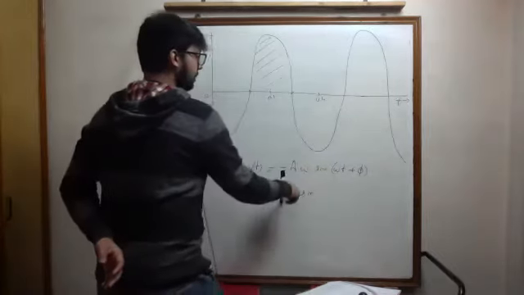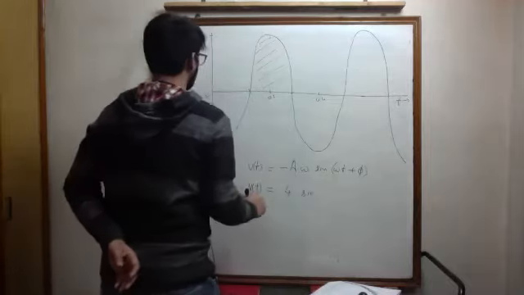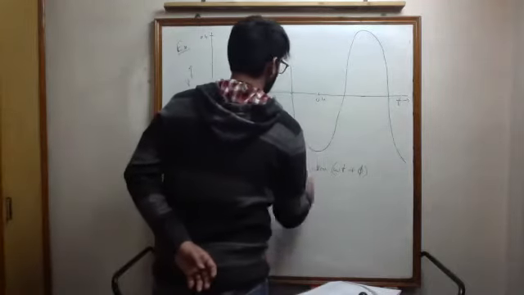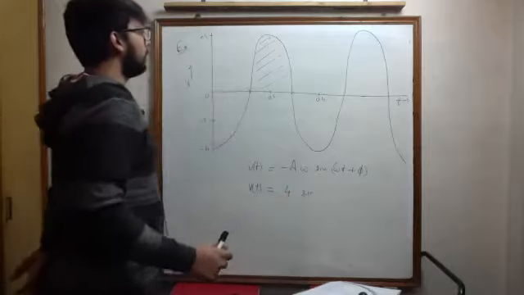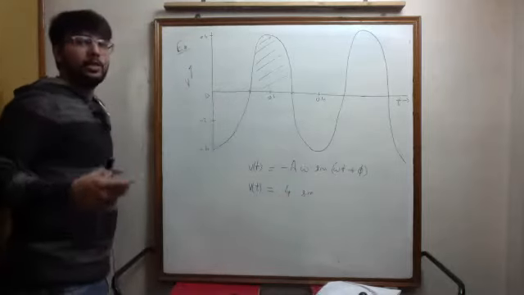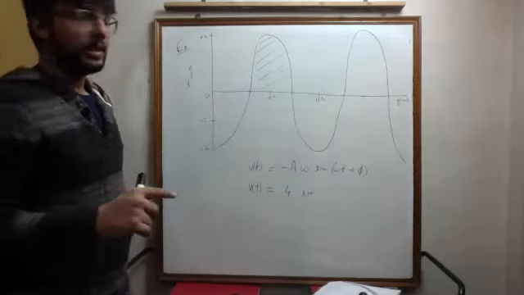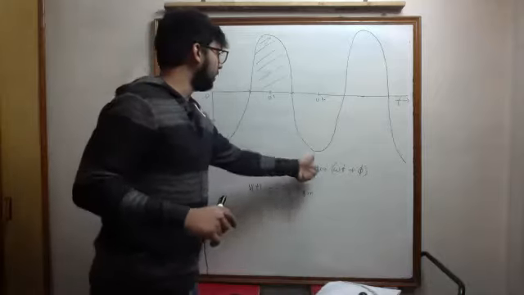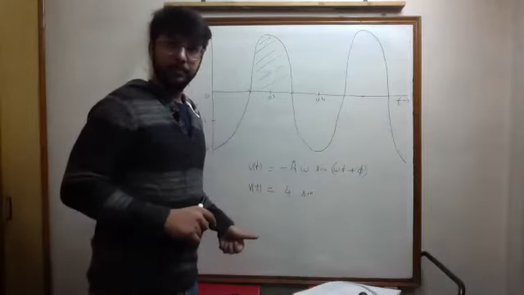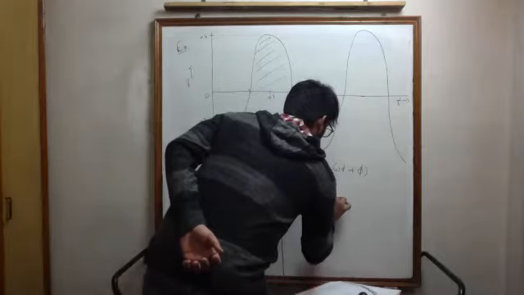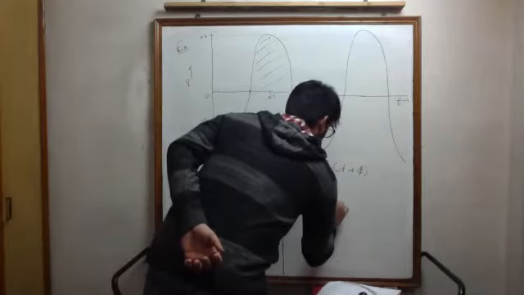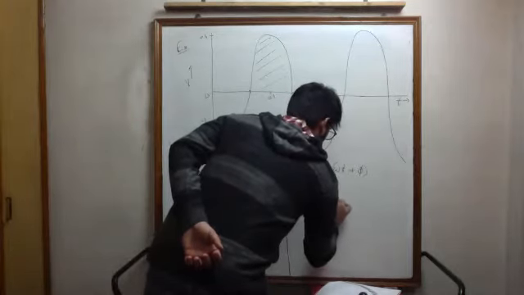I'm using the same things, but I'm putting the values differently. Now omega, what would be the omega here? Omega is essentially 2 pi divided by T, and I see that the T is 0.4. So my omega will be 2 pi divided by 0.4.